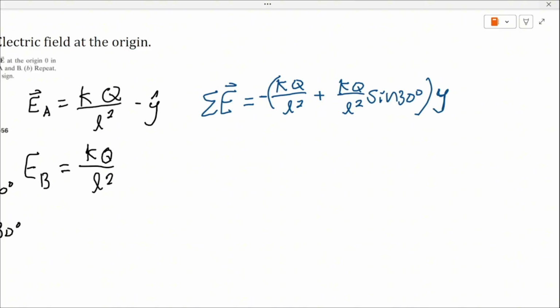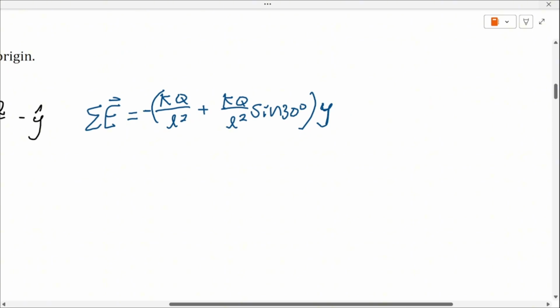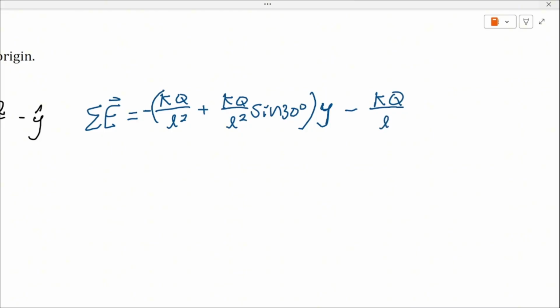So the net electric field is equal to kq over L squared plus kq over L squared times the sine of 30 degrees in the negative y direction, plus, or rather minus, kq over L squared cosine of 30 degrees in the negative x direction.